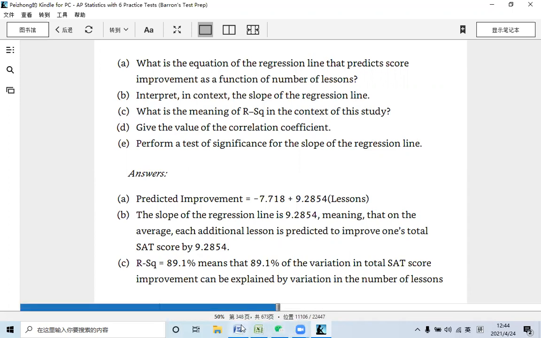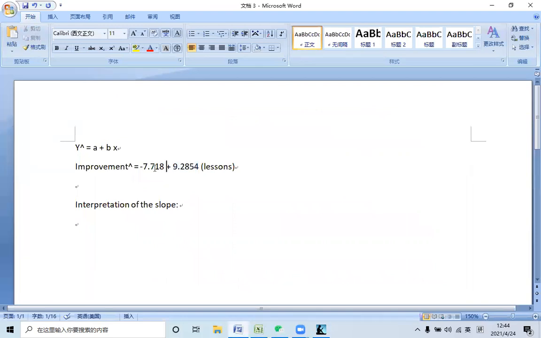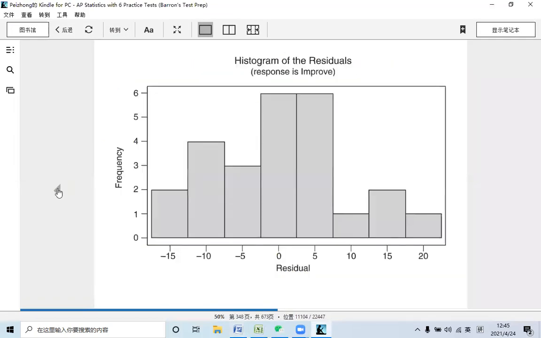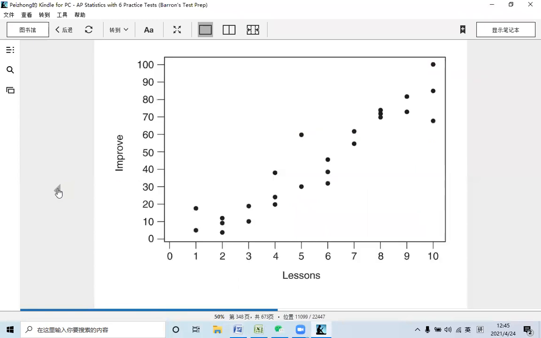How about this one, the constant? The constant is the intercept. Here, the intercept is your predicted improvement if you're taking zero lessons.